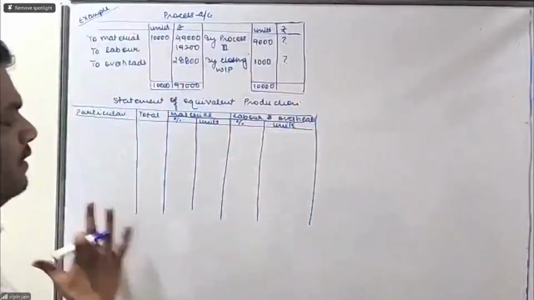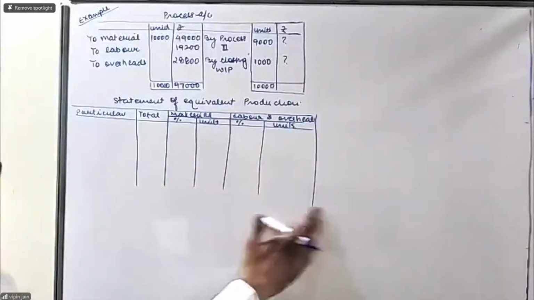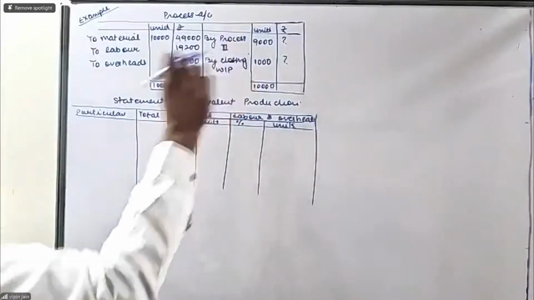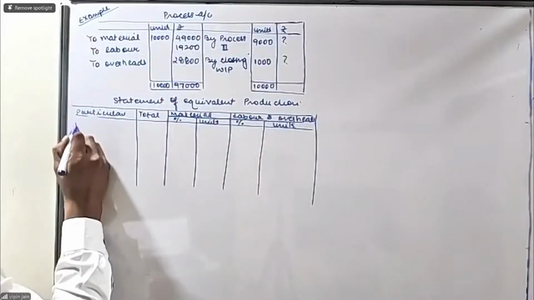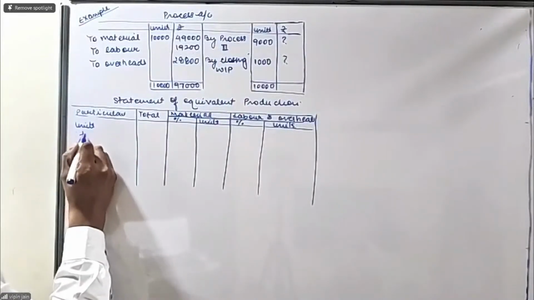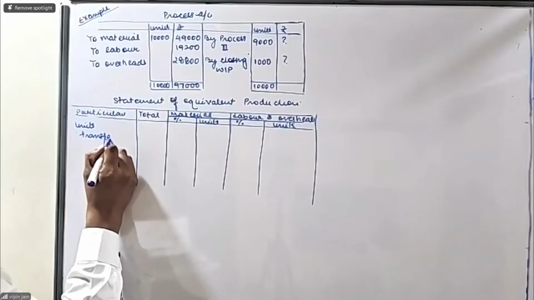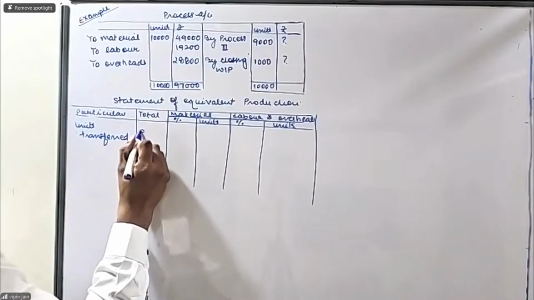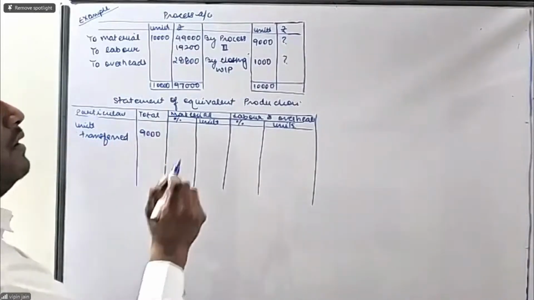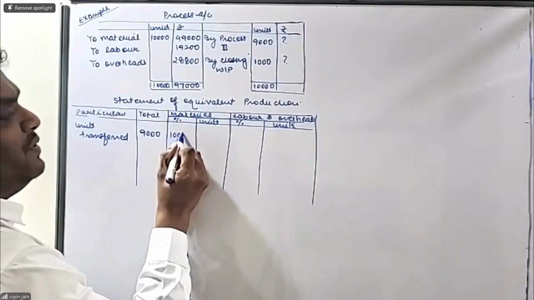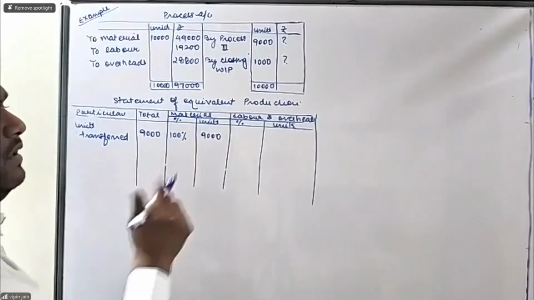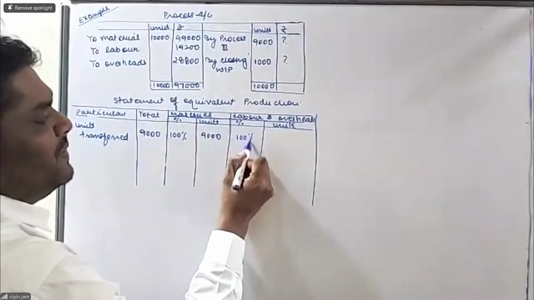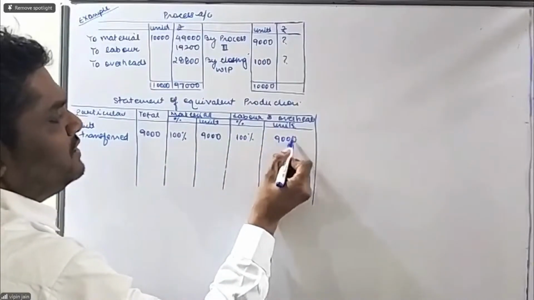So let's start with the first part, that is for 9,000 units. We have 9,000 units. They are 100% processed in respect of material. So for material, it will be 9,000. For labor also, they are 100% processed. So equivalent number of units will be 9,000.